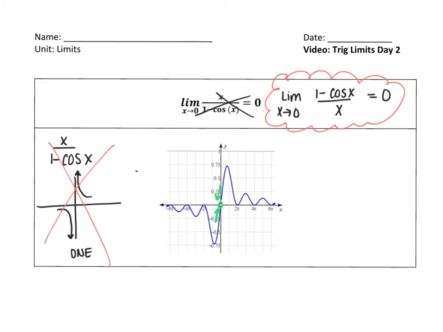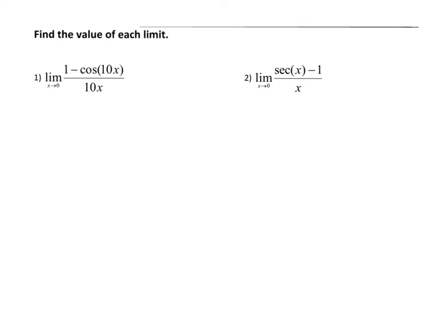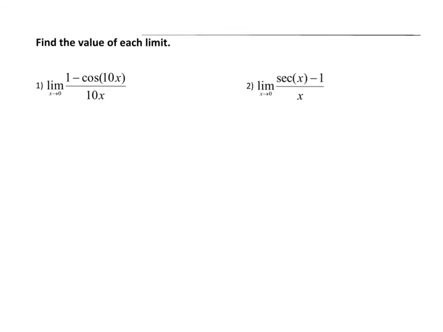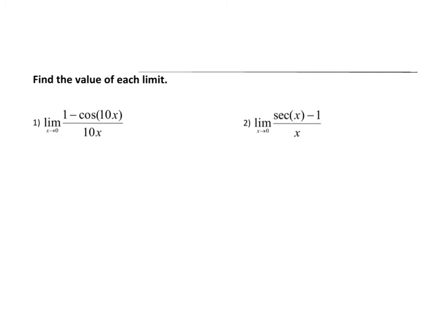All right, let's do a couple of examples. I'm just going to write the definition on top so I know what to look out for. So we have the limit as x approaches 0 of 1 minus cos x over x, and we know that that limit is equal to 0. So if we look at example number 1, we're going to first try using the flowchart, direct substitution.